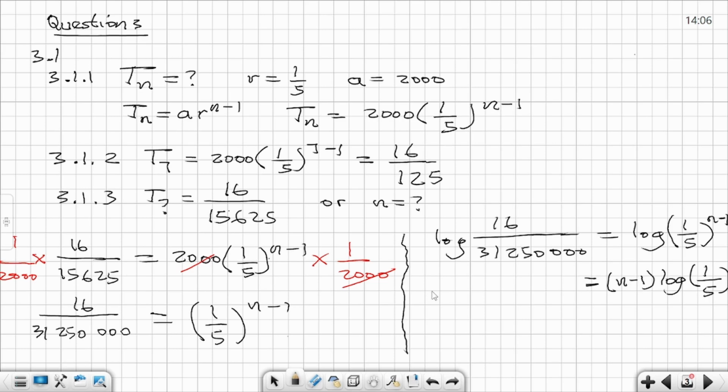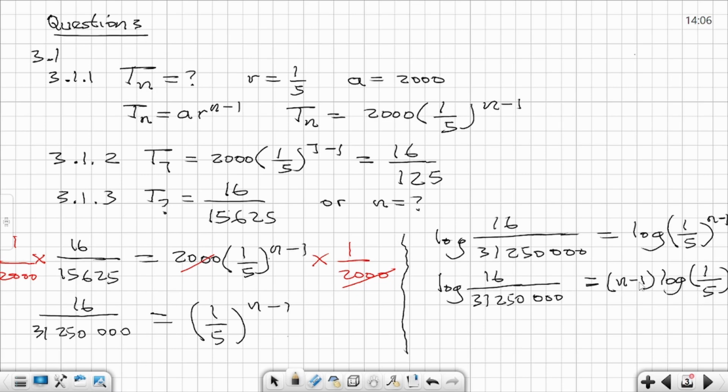Okay, and on the left side, you still have log of this whole number, 31,250,000. Okay, so this is what we have on the left side. We carry on by dividing by log of 1 over 5 on both sides.